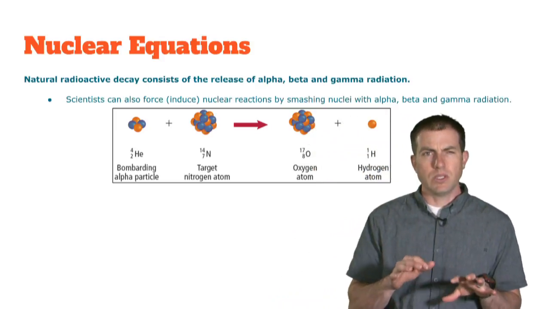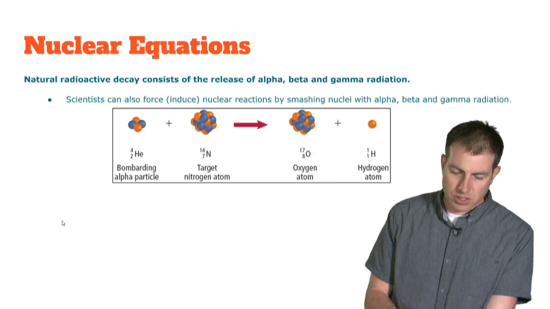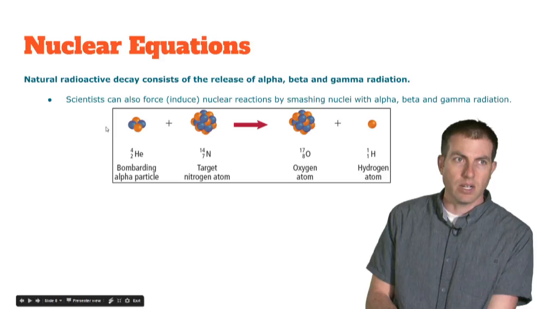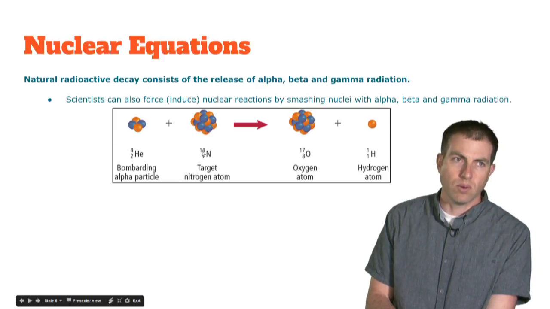You'll notice when we do all of these equations, the math always works out. If I think of this as two lines, the top line is 4 plus 14, and then the equal sign, 17 plus 1. Well, 4 plus 14 gives me 18, and 17 plus 1 is 18.